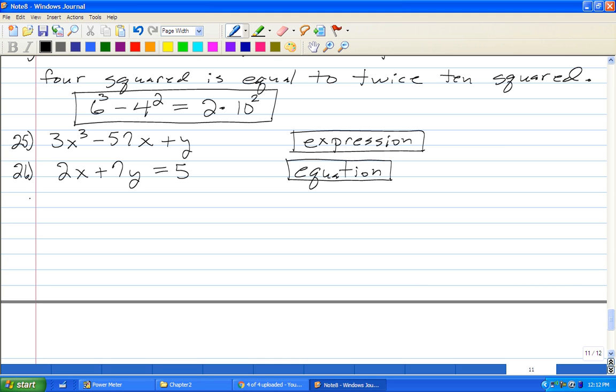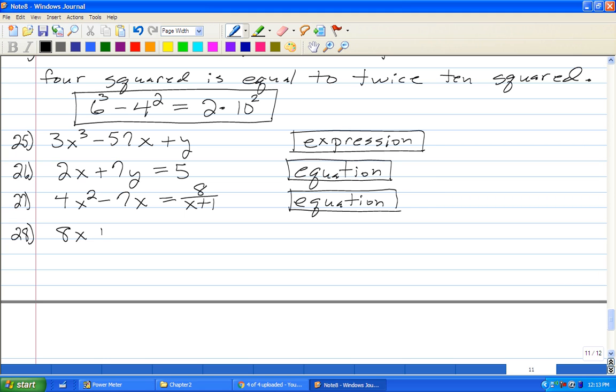However, you cannot solve expressions. Problem 27: 4x squared minus 7x is equal to 8 over x plus 1. Again, this is an equation. I can solve equations.